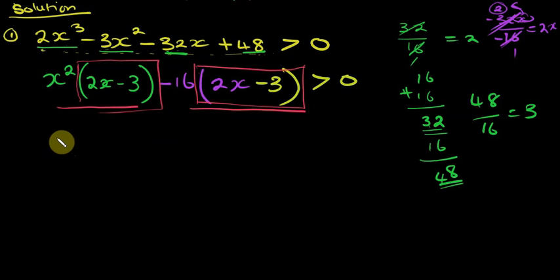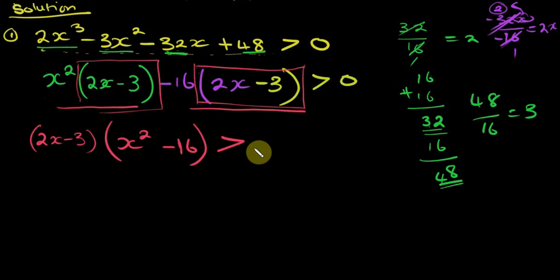So we factor those out. 2x minus 3 multiplied by what is left if we take out 2x minus 3? Well, x squared is left, minus 16, is greater than 0.